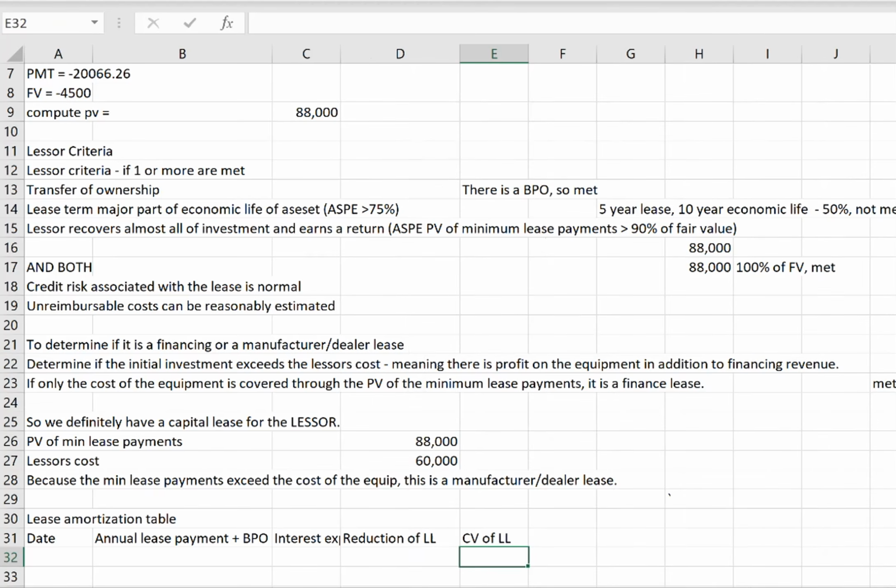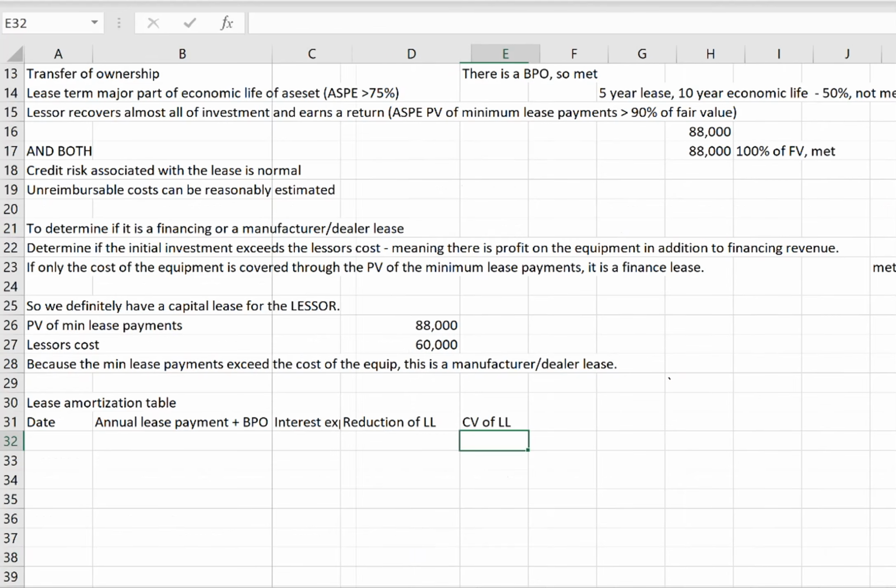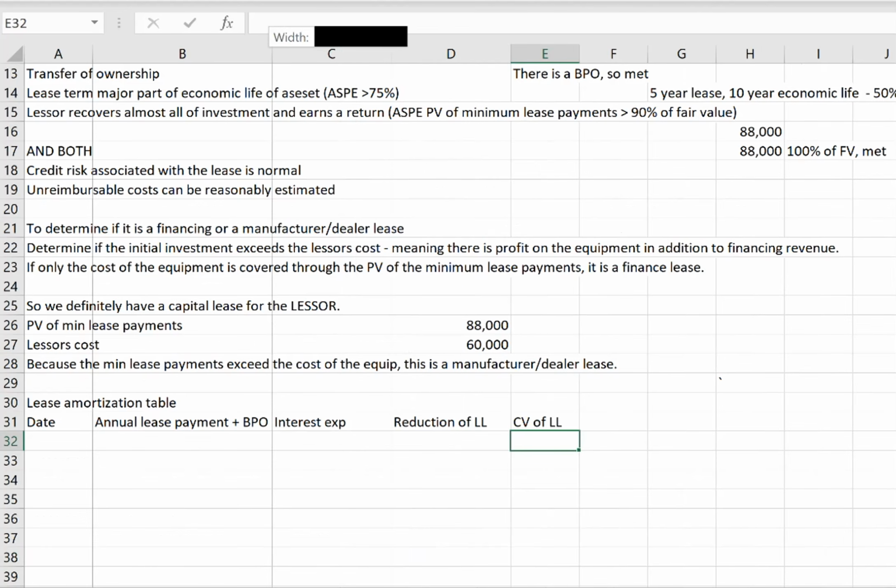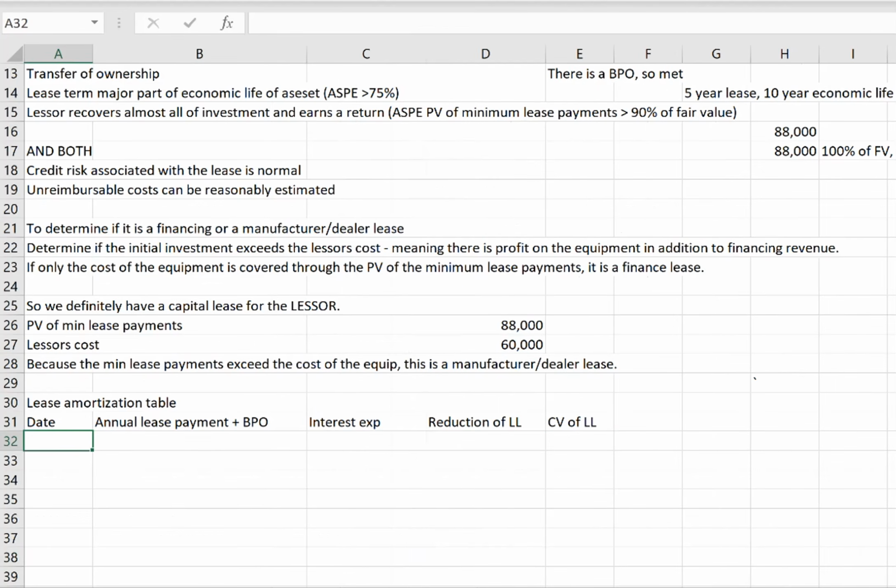Now this is kind of a nuance with amortization schedules, and we've gone over this in some other videos, but it's still something that I'm getting used to. We put in the date. So we're going to have July 1st, 2020, and we're going to put this in 2 times.